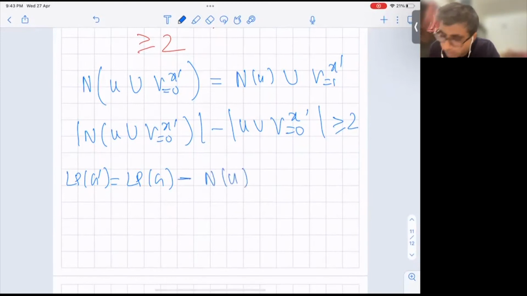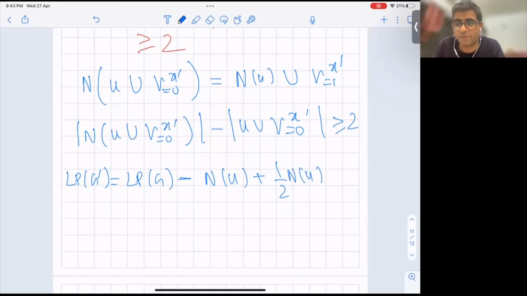Minus neighborhood of U. Plus, I'm just adding half N of U and subtracting half N of U. Minus N of U plus half N of U is minus half N of U. Is that okay? You will see why I'm doing this in a minute.